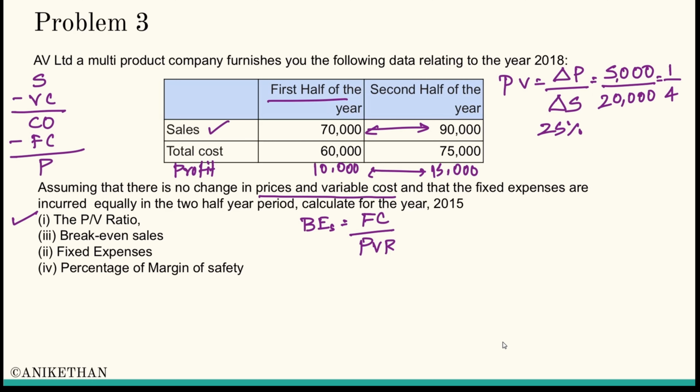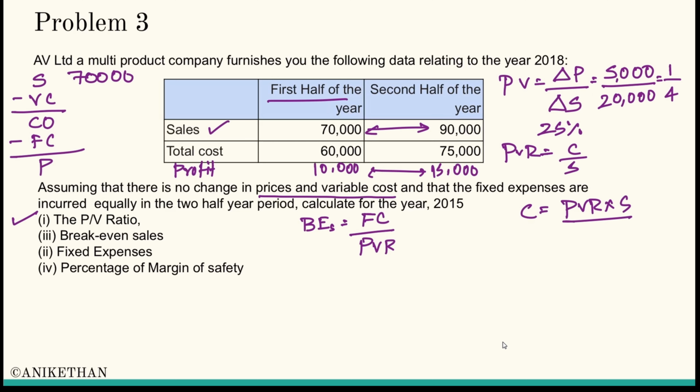So let's take the first half of the year. I know what my sales is. I don't know what my variable cost is, but I know my PVR. PVR is nothing but C over S. So that means C is equal to PVR into S. So I can directly calculate contribution.